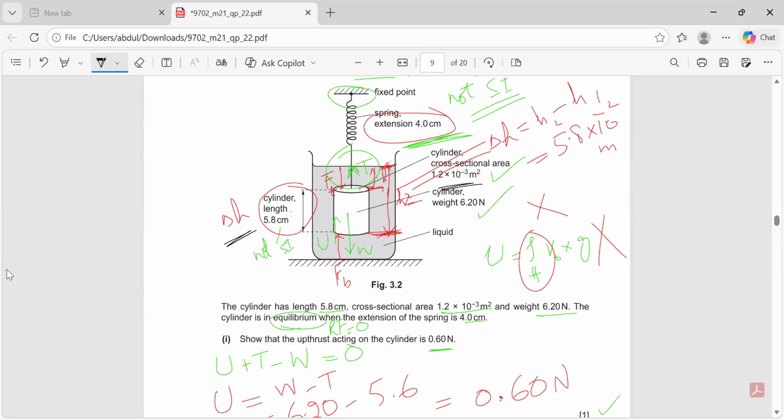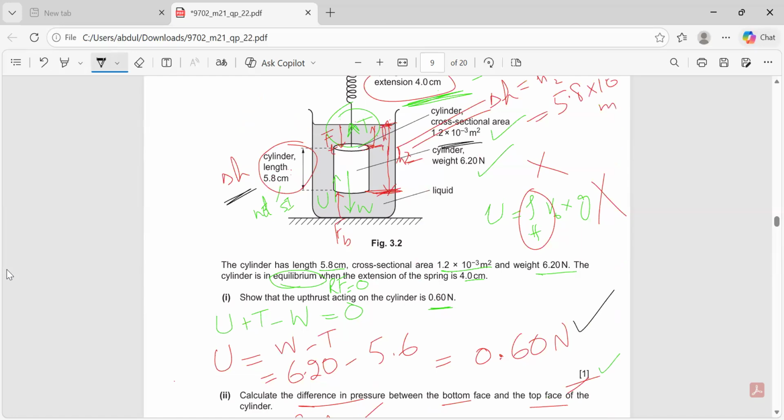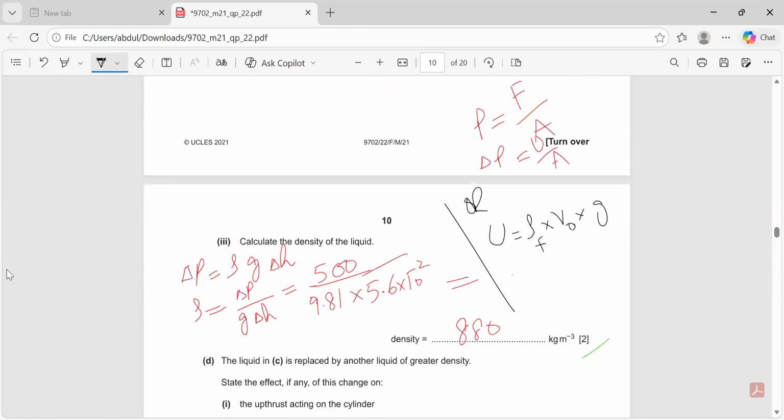So density we can easily calculate because upthrust we have already calculated. I'm 200% sure that this formula will also give us the density, that is upthrust over volume of the object times g.